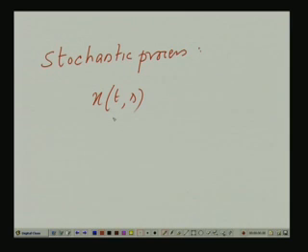Let me make it clearer. If I say x of t comma s is a random process, that means there is some experiment, and every time the experiment is conducted, a trial is made, a waveform is generated, and that waveform is some function x of t comma s. But stochastic process, or random process, means that every time you perform the experiment and get a new outcome, the waveform changes. It is not a fixed waveform in general.